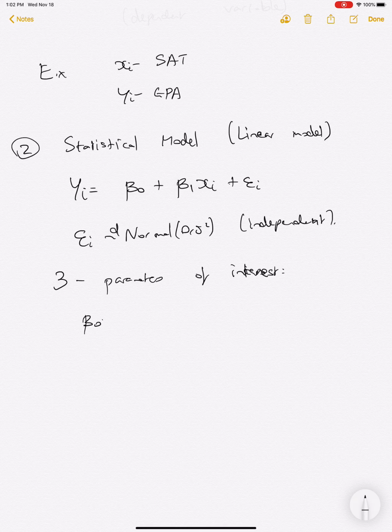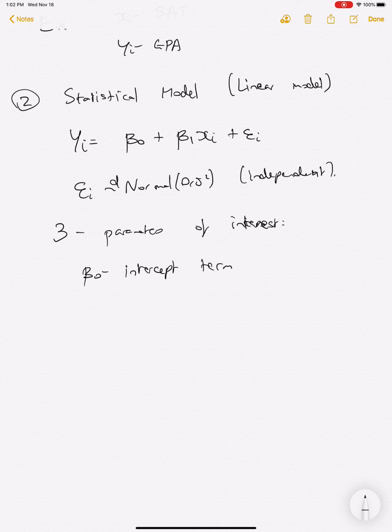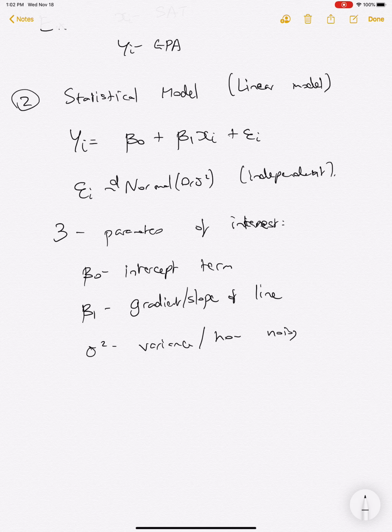There's beta 0, which is the intercept term, and I'll give some intuition behind that. Beta 1 is the gradient or slope of the line. And then sigma squared is the variance, so how noisy the data is around the line.